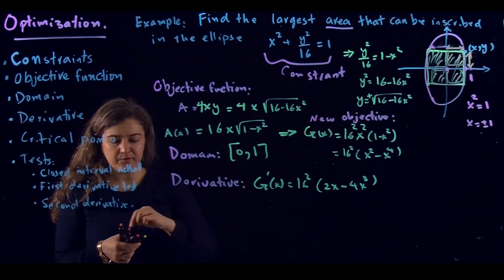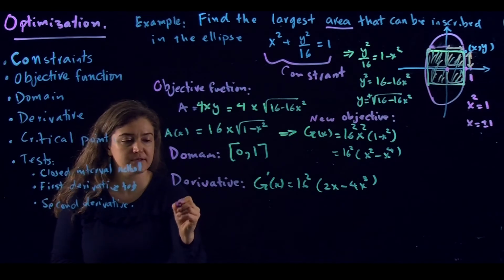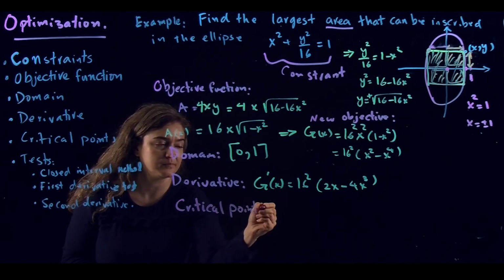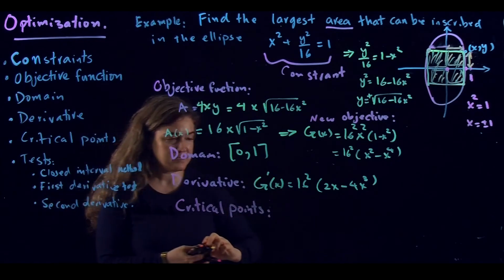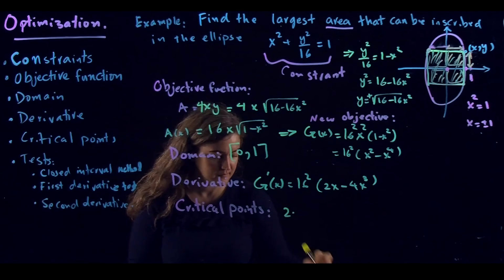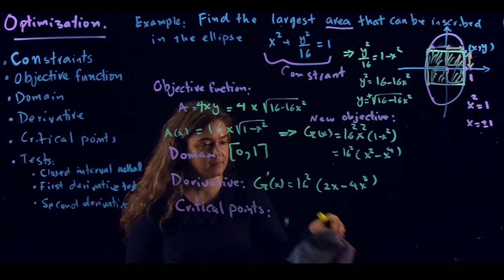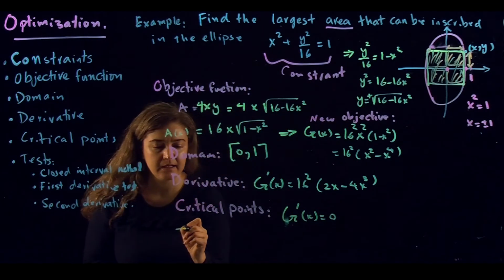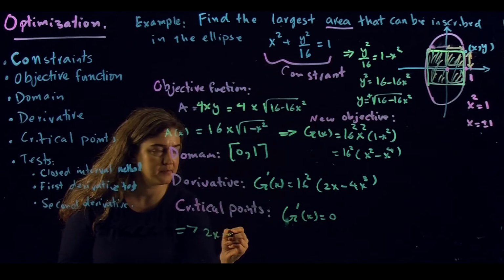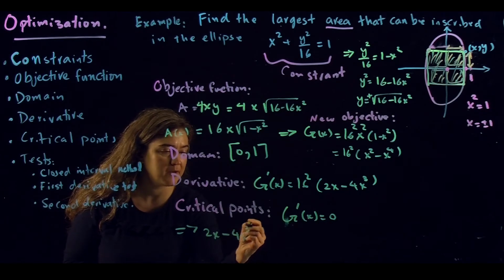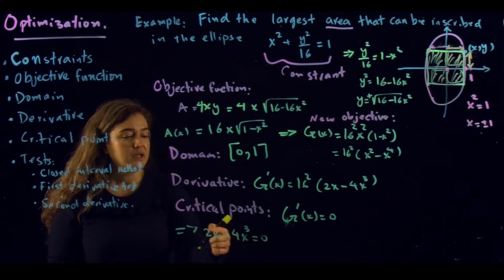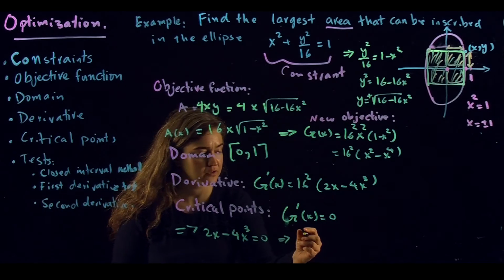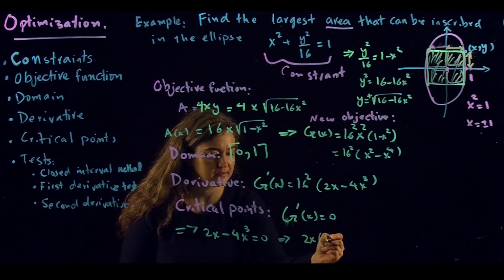And so now, finding the critical points. Set this one equal to 0. And it gives me 2x minus 4x to power 3 equal to 0. This solves, and we factor 2 and x.